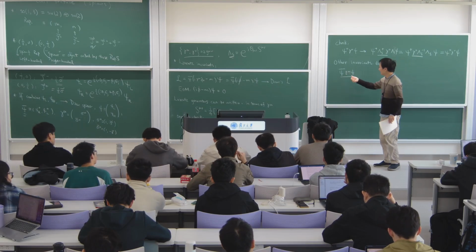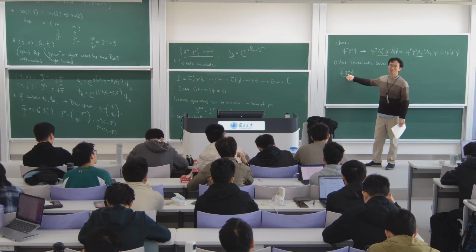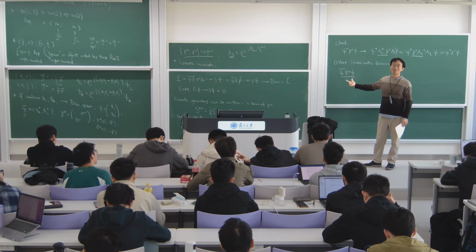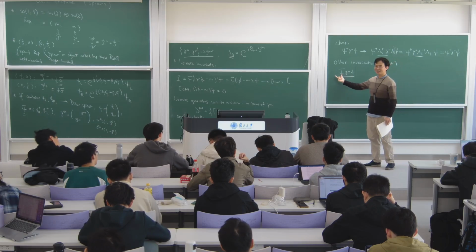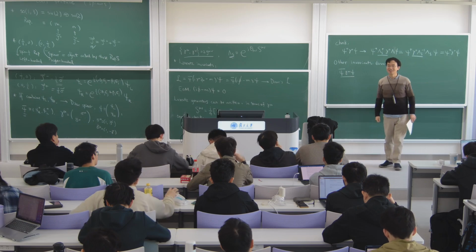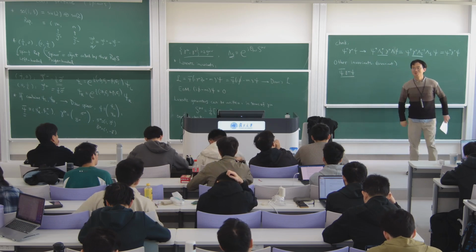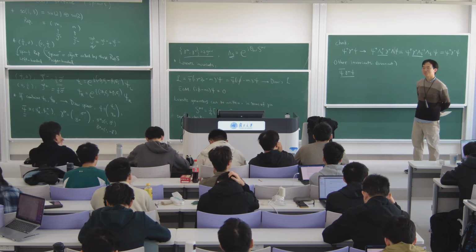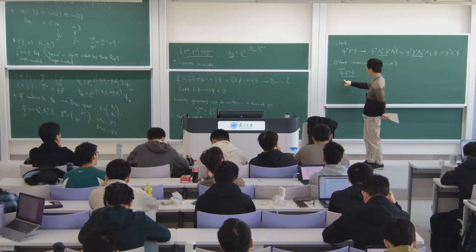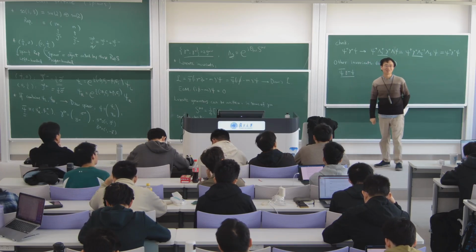Now you ask me why you put the gamma matrix in the middle, not in the other place. That's for a good reason, right? Because only this kind of combination gives you a number, since this is a column, this is a row, and there's a matrix in between.